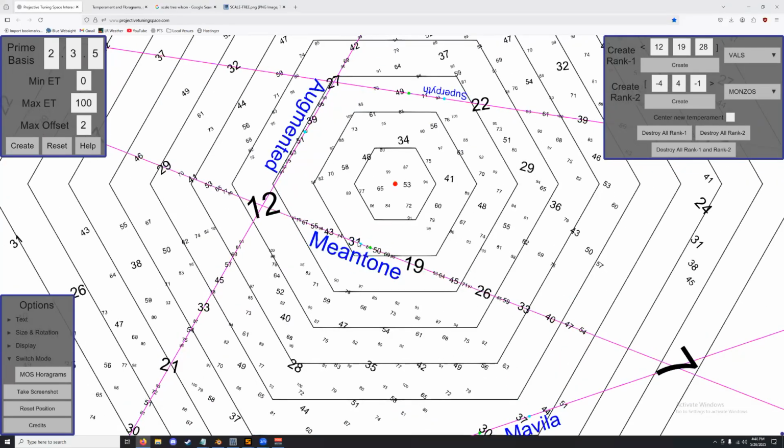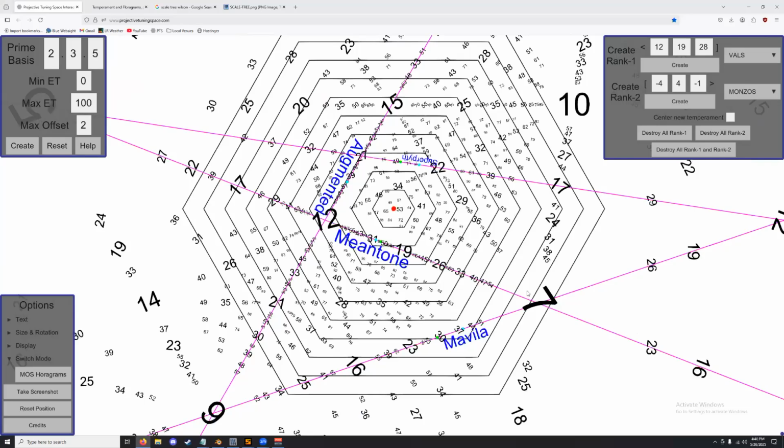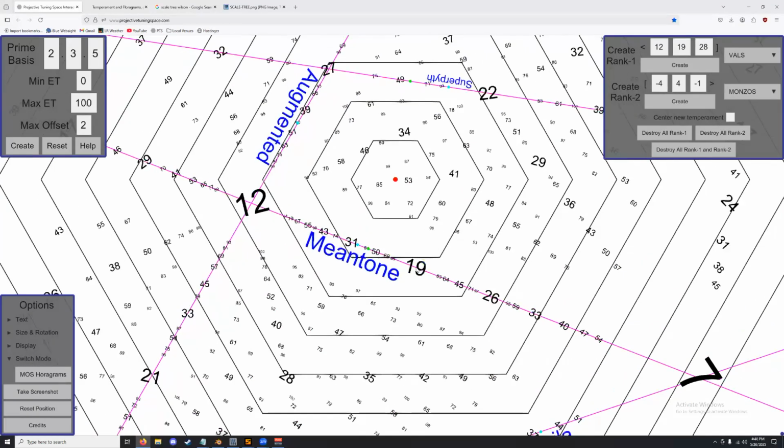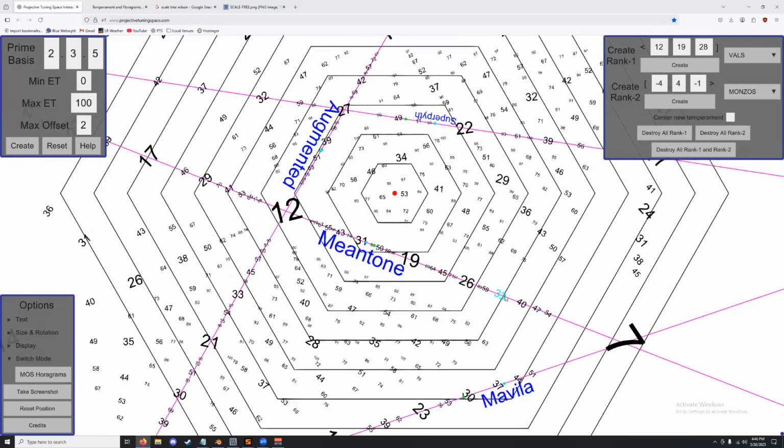So like 31, great mean tone. Everyone loves 31. 19 and 12 are also good mean tones. And then as you get further out, on the other side of 19, certain commas and stuff get flipped over, but you can still get mean tone 26 and then 33, 40.